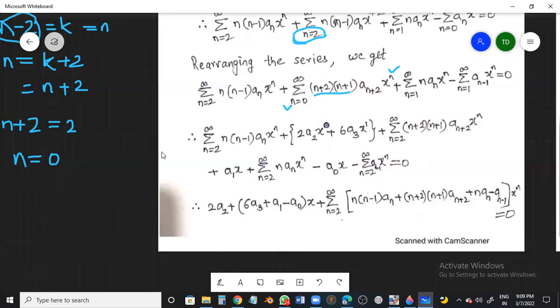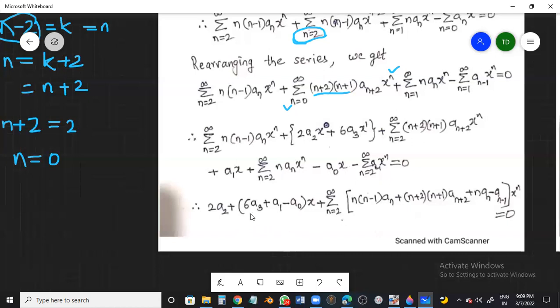Now we can combine them all. What we can do? Constant terms together, linear terms together, and all summations together. So this twice a2 I have recorded. 6a3x and this a1x and this a0x I'm combining.